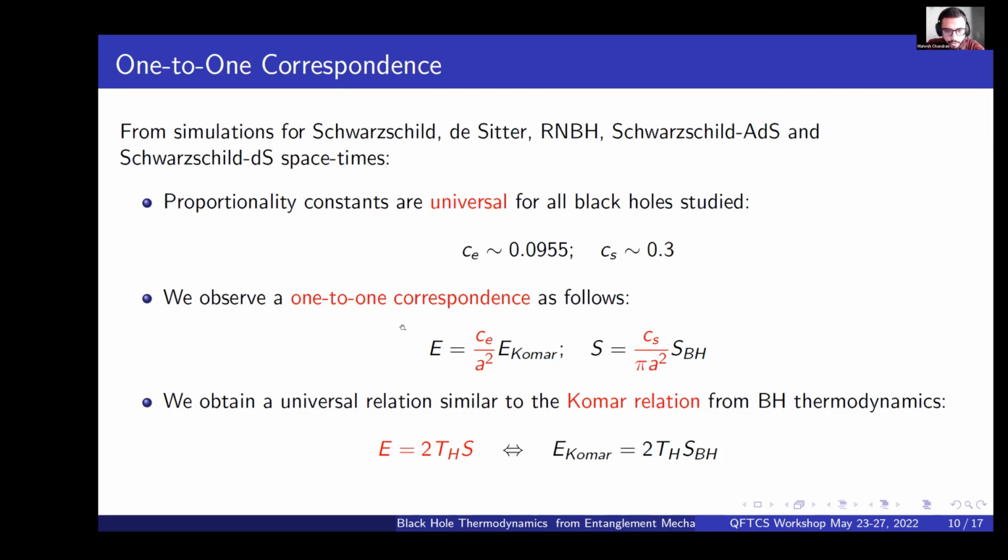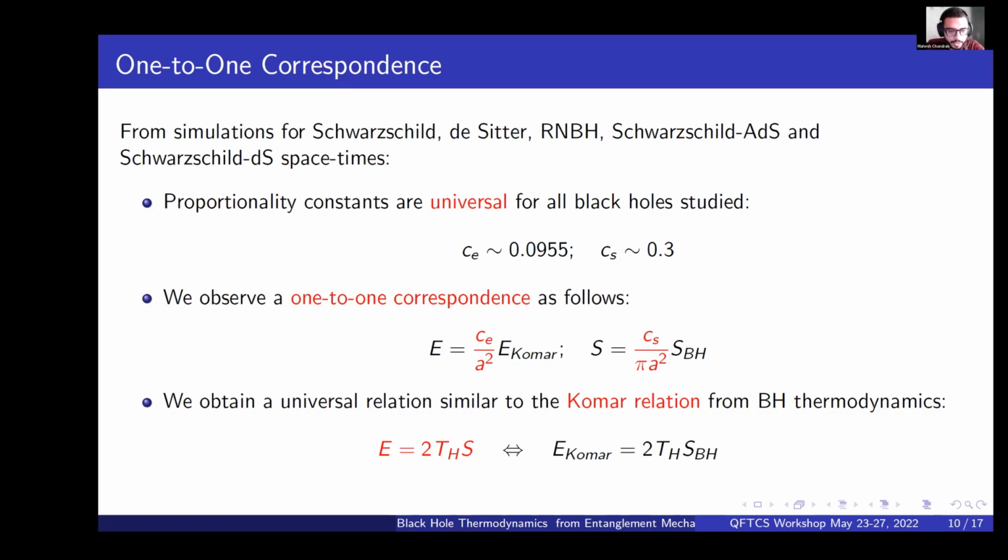Then we observe that there is a one-to-one correspondence between quantities of entanglement mechanics, which are E and S, and quantities associated with black hole thermodynamics, which are Komar energy and the Bekenstein-Hawking entropy.